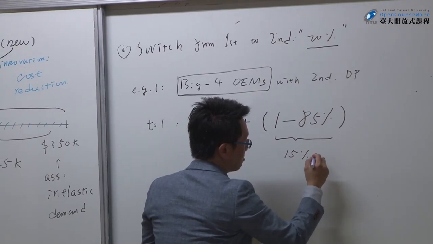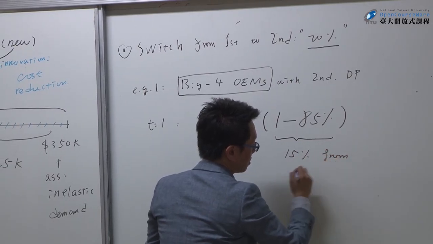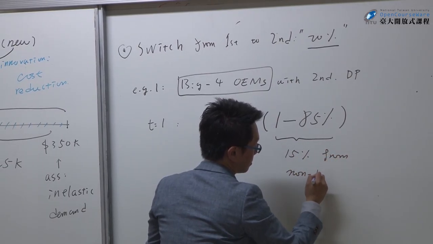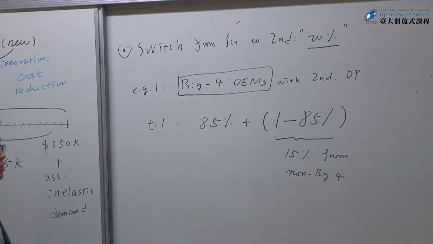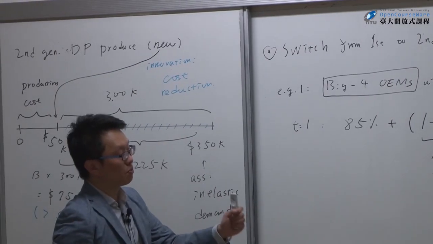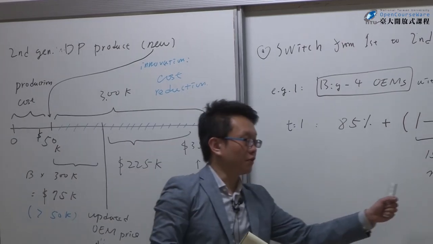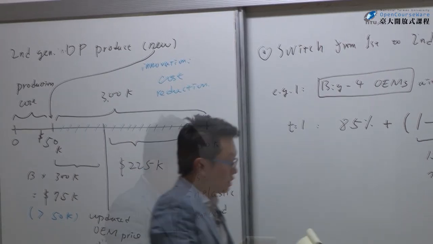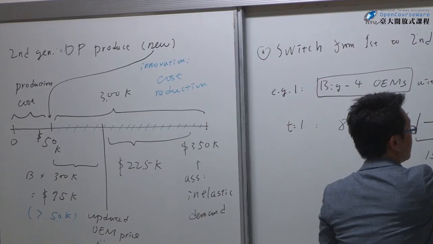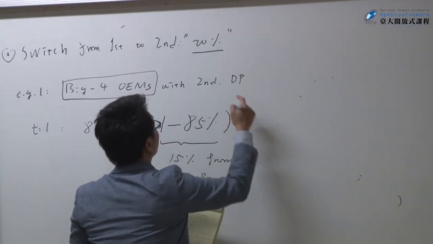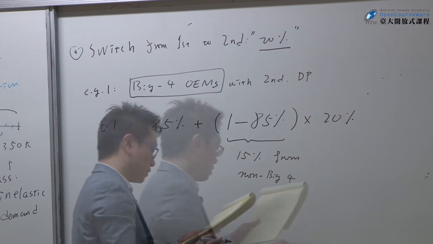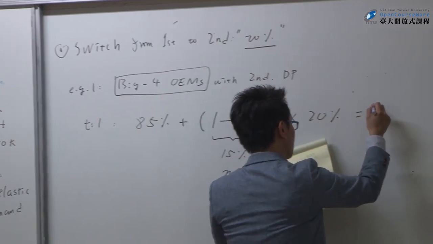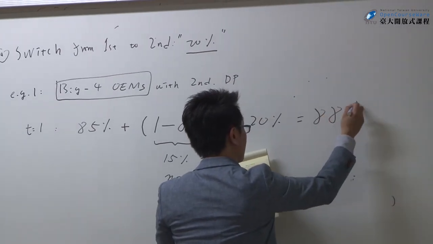They are buying from non-Big Four. So these 15% customers bought their product from non-Big Four's retailers. And 20% of this 15% will switch from old product to new product. And this creates a new market share for Big Four of 88%.